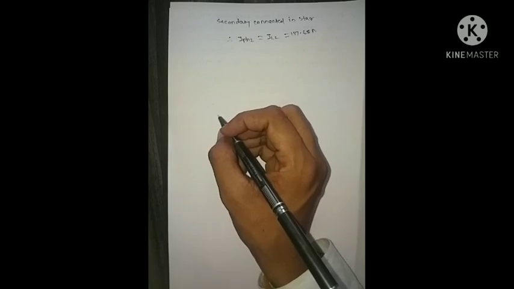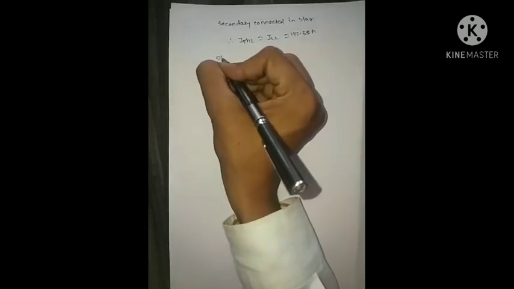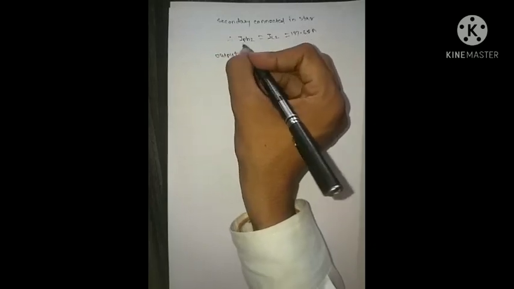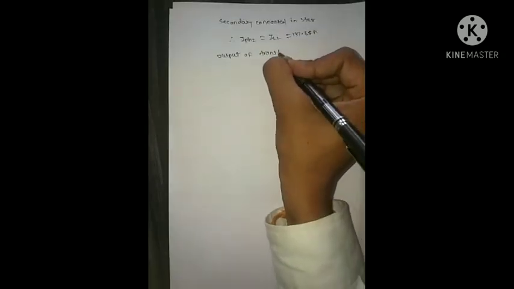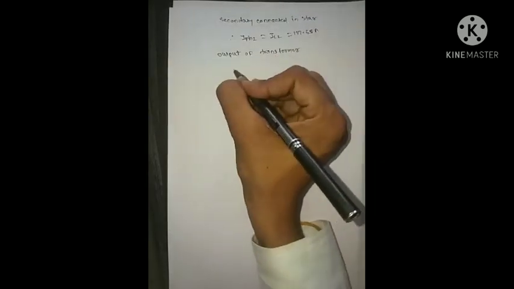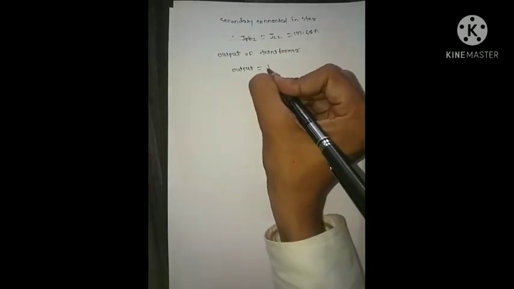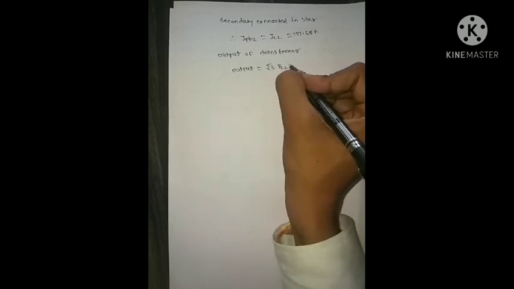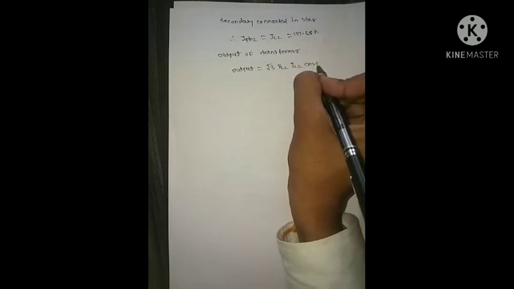Therefore, we have to find out the output of transformer. For that, output equals to root 3 into VL2 IL2 into cos phi.